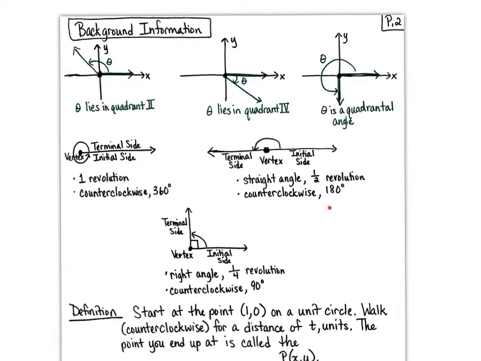Pi, very good. Or pi radians. Okay, good. Here you have a right angle. This is your initial side. This is your terminal side. It's a 1/4 of a revolution. It's counterclockwise 90 degrees, or what is it in radians? Pi over 2 radians. So you have pi over 2 for this one, pi for this one, and 2 pi for that. Okay?